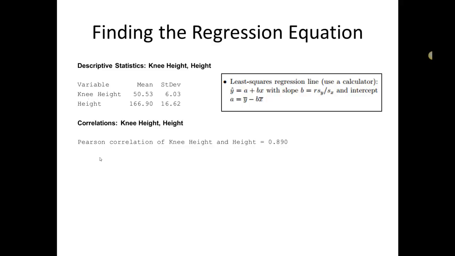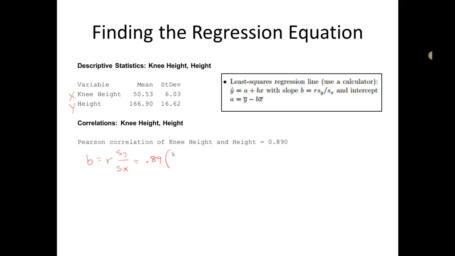All right, so let's look at what we have here. So we want to start with calculating the slope. So slope, or b, is equal to r times standard deviation of y divided by standard deviation of x. So if I just plug in all those values that I have, 0.89 times standard deviation of y. Y was our height, and maybe it'll even help if I draw the x and y over there just to remind ourselves of what's what.